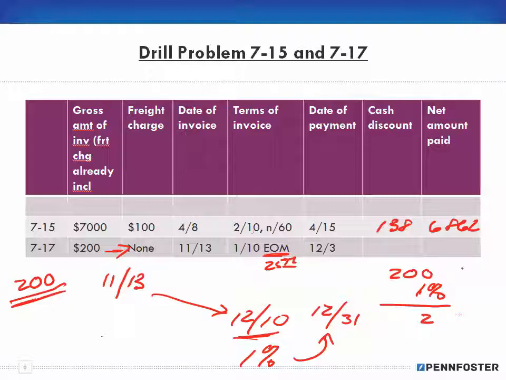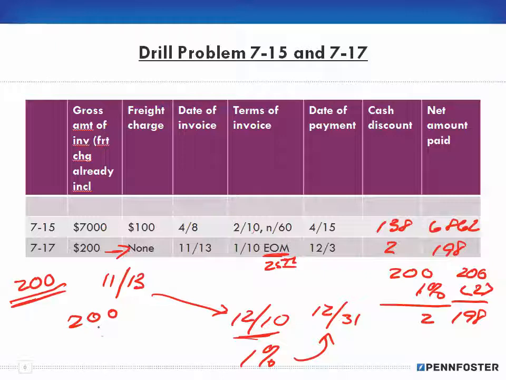And then I take the $200, I subtract the $2, and I end up owing $198. So my cash discount would be $2, and my net amount would be $198. Alternatively, I could have said I had $200, and the complement of the discount percentage from 100% would be what I multiply by. I'm sorry, I'm looking at the wrong numbers, it's 1%, so 99%.